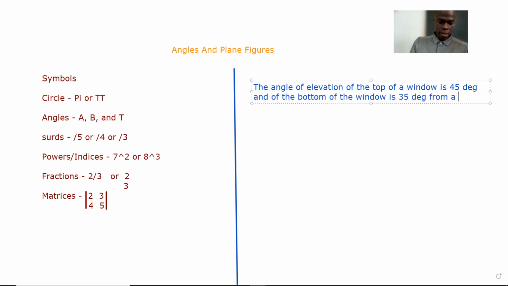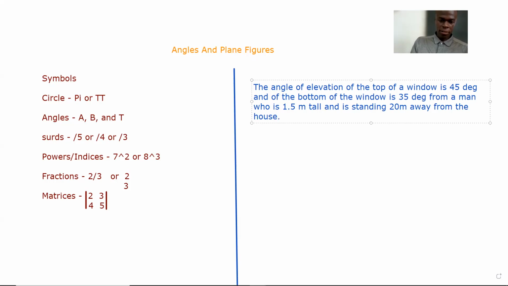From a man who is 1 meter tall, or 1.5 meters tall, and is standing let's say 20 meters away from the house.